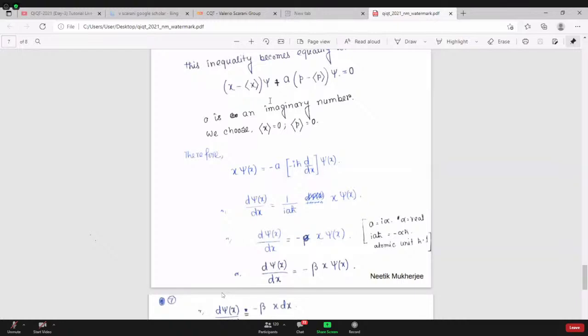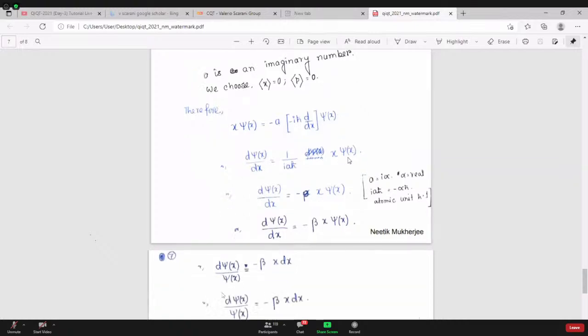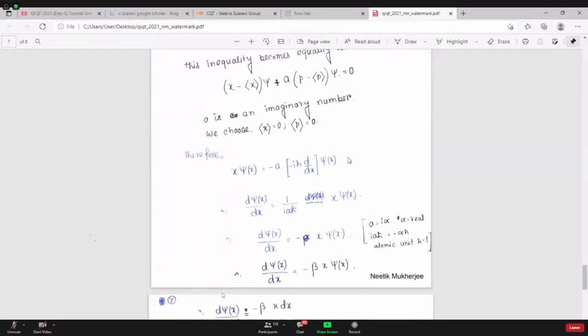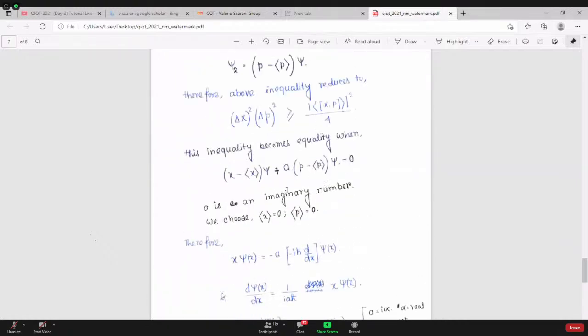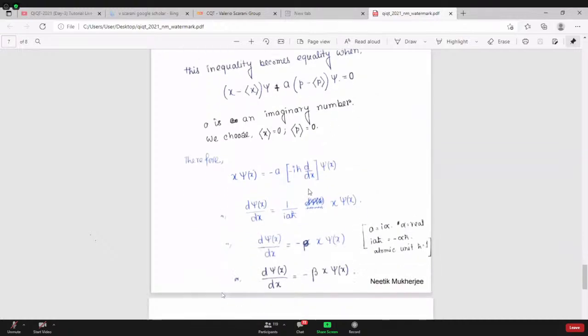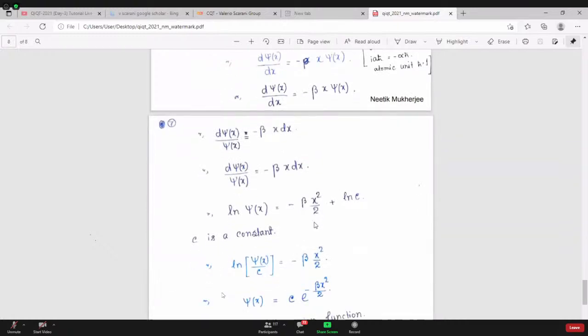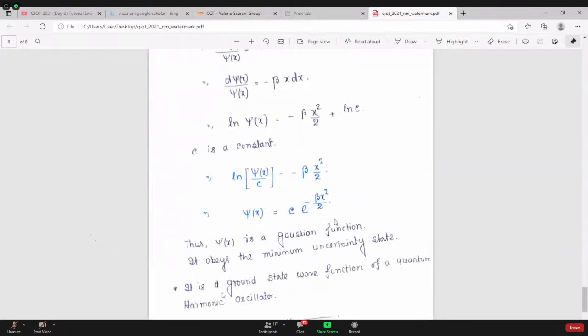If you do not choose average x as 0 and average p as 0, then also you can calculate this and you will get a different function that you can also do. And I think this will be a good assignment for you. Just keep x not equal to 0 and p not equal to 0, and just calculate and find out the form of the function you are getting.